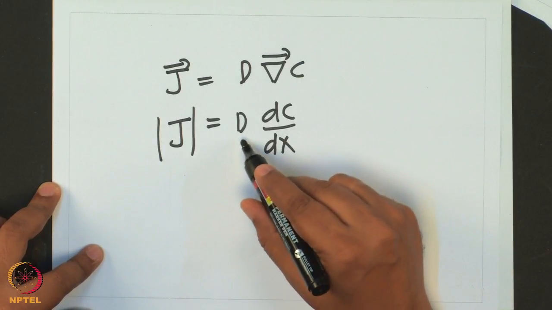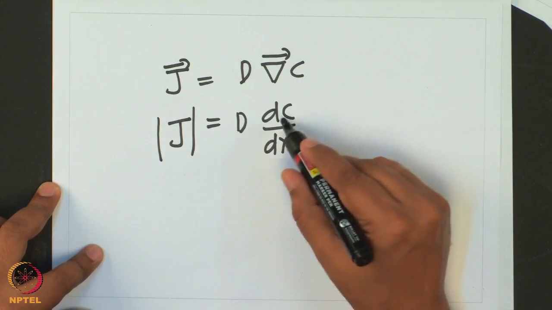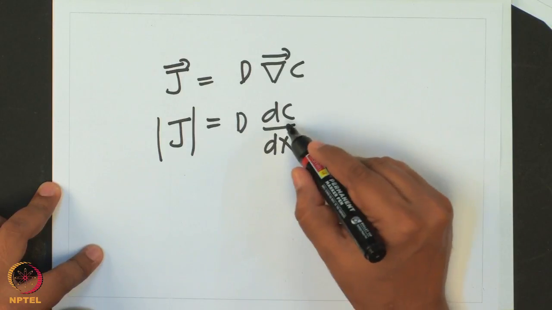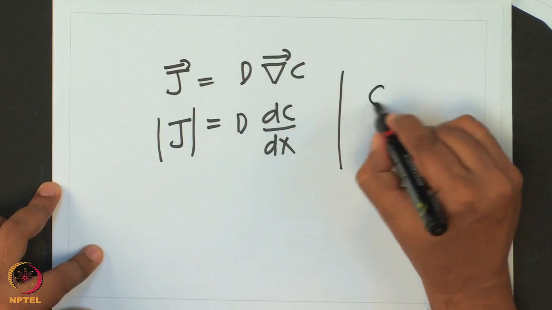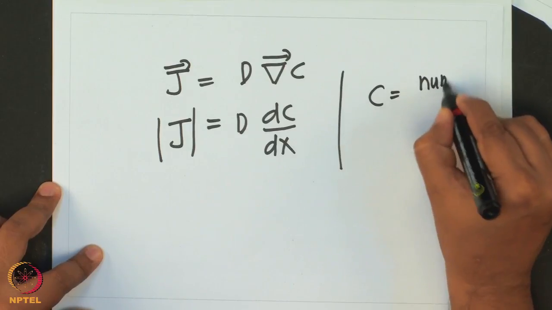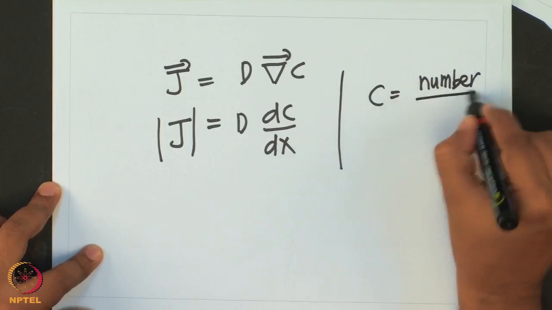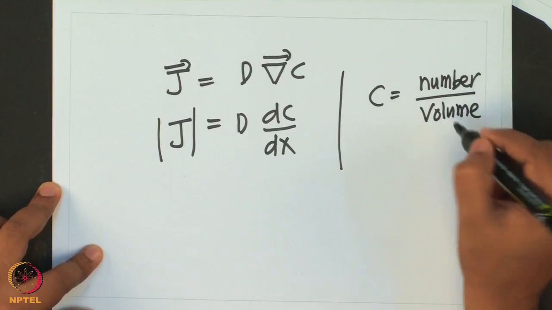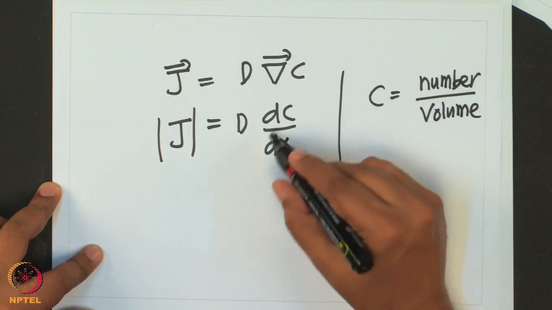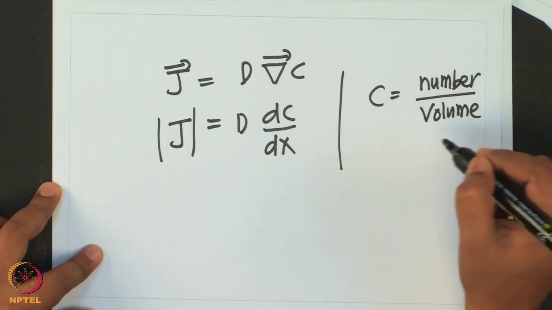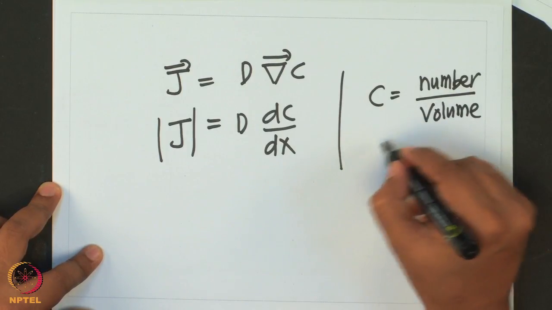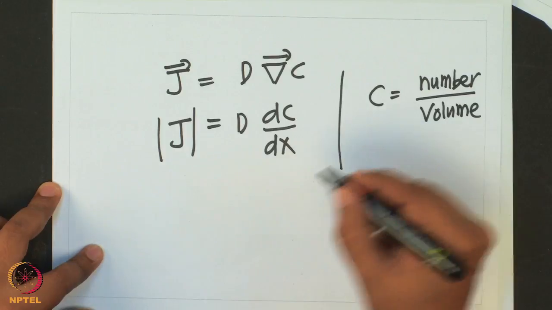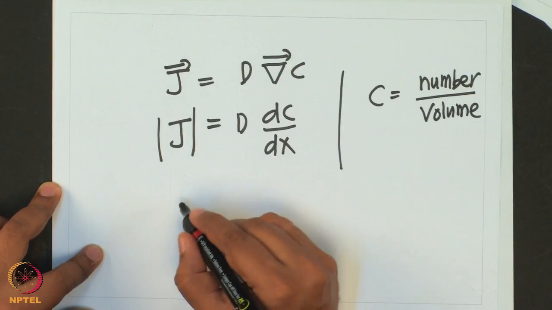Now what is the dimension of D? First of all, let us understand dc by dx. What is C? C is number by volume. This is a number concentration. X is of course the dimension of length. So J has a dimension we just saw.